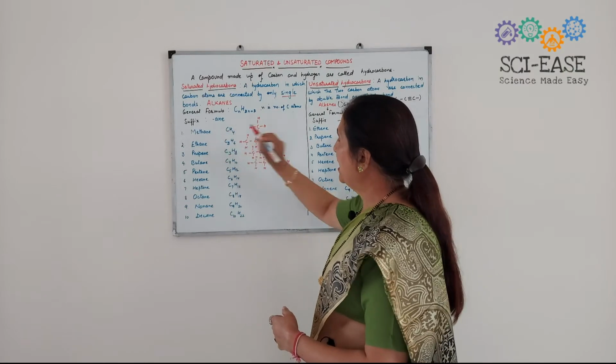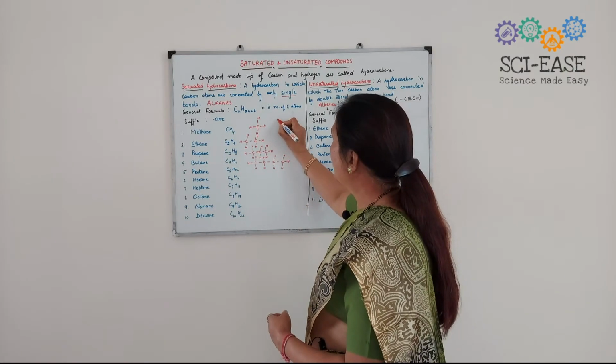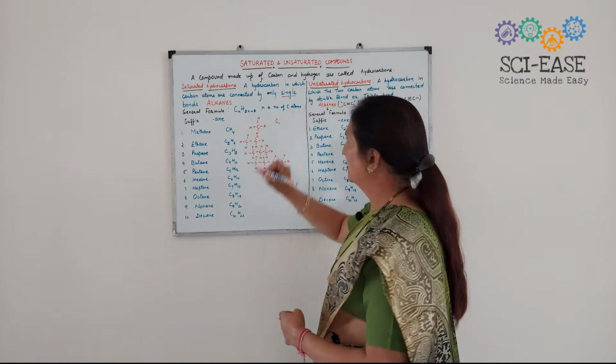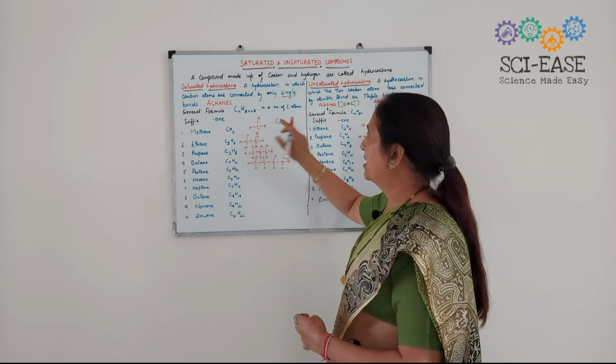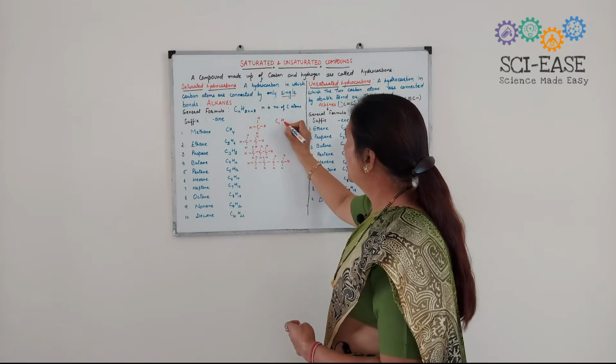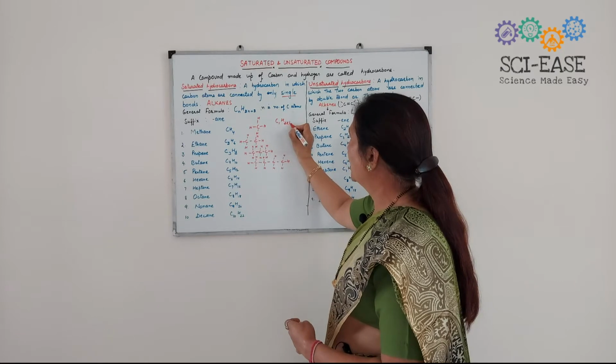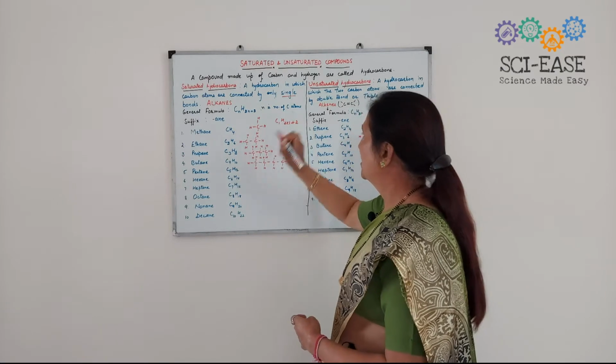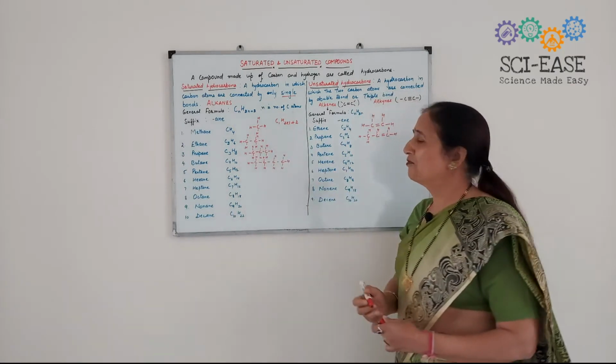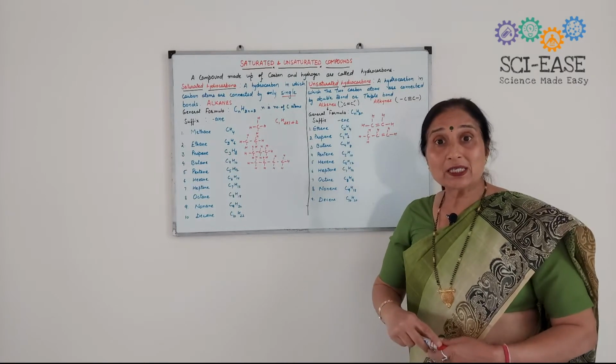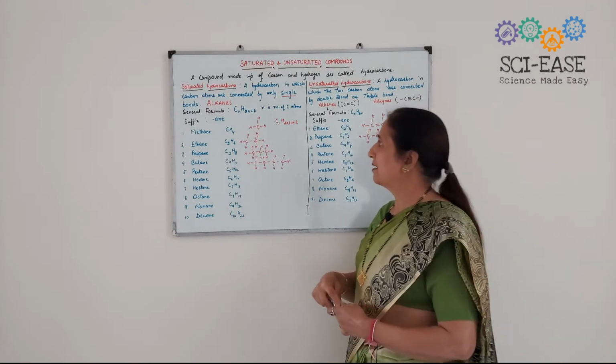Here in methane, carbon is 1. Cn, 1, H, 2 into 1 plus 2. So it is CH4.